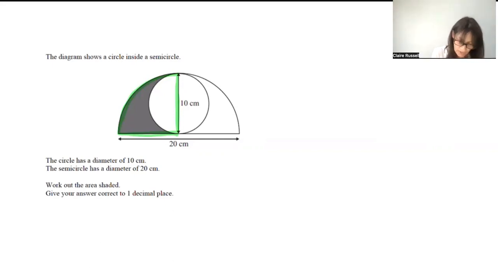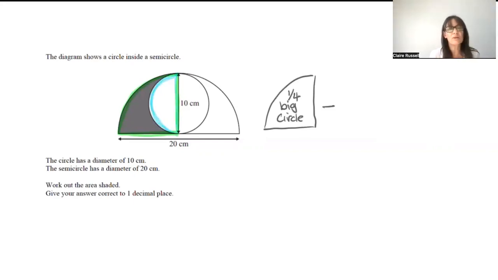Really, what I'm looking to do here is I want to find the quarter of the big circle, and I want to take away half of the small circle. That's going to equal, obviously, that shaded region that we're trying to find.